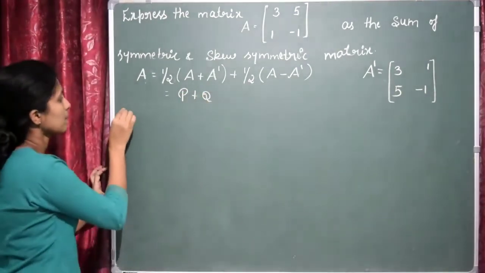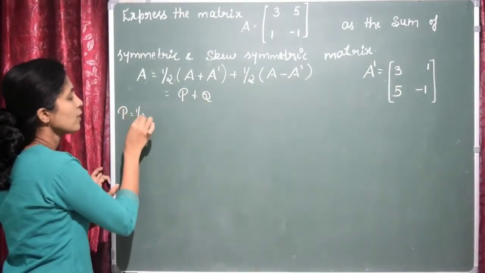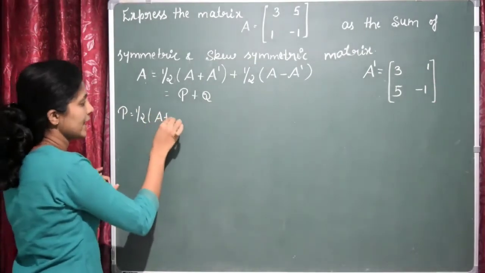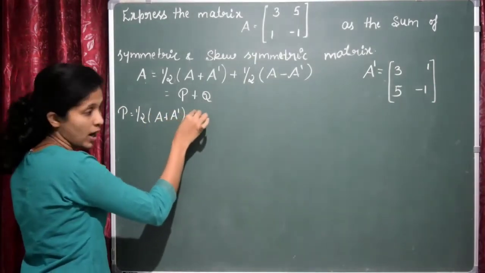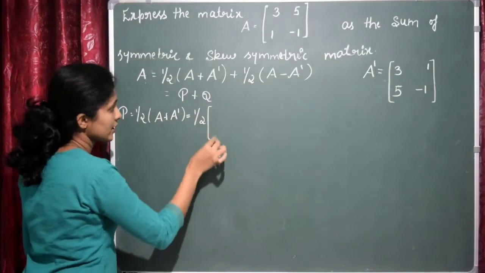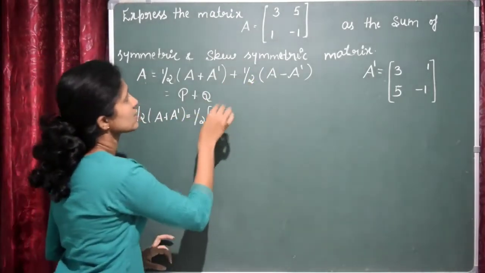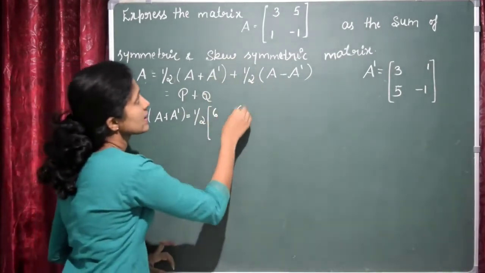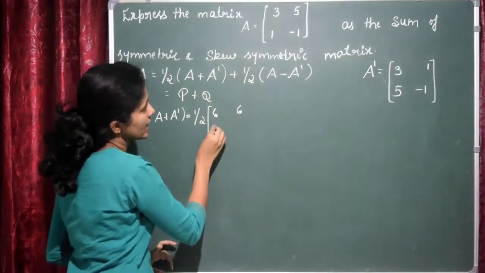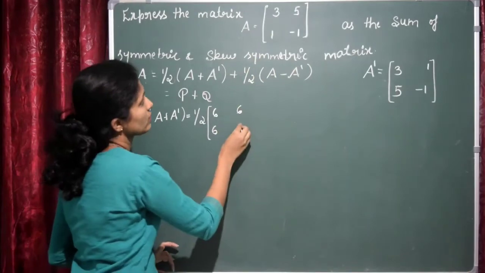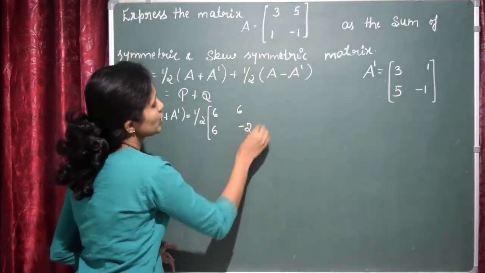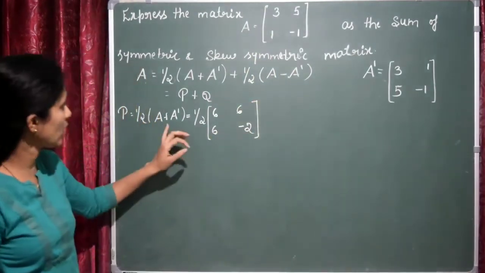What is P? P is equal to half of A plus A dash. So this is equal to half of, I hope you are understanding this one. Simple it is, A plus A dash: 3 plus 3 is 6, 5 plus 1 is 6, and 1 plus 5 is 6, minus 1 plus minus 1 will be equal to minus 2. Clear? So this is now A plus A dash.